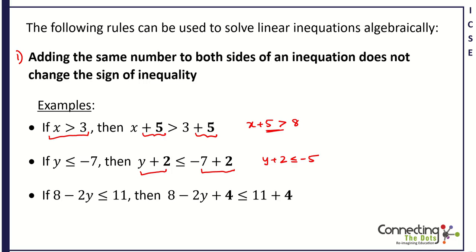And the last one, 8 minus 2y is less than or equal to 11, and then I'm adding 4 to both sides of the inequation, and the inequality sign remains unchanged. So that is the first rule. You can add the same number to both sides and the inequation does not change.